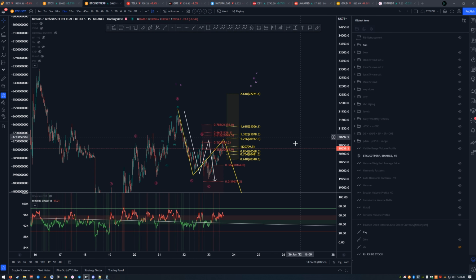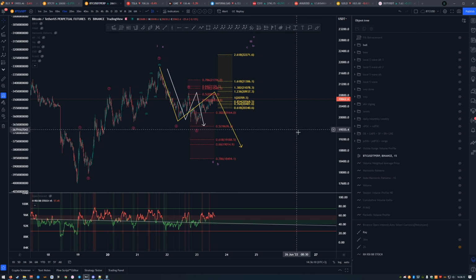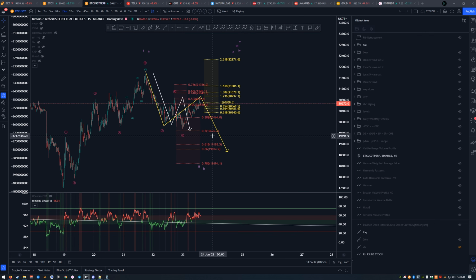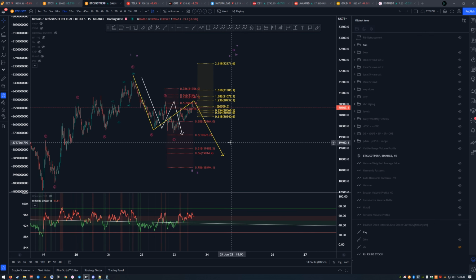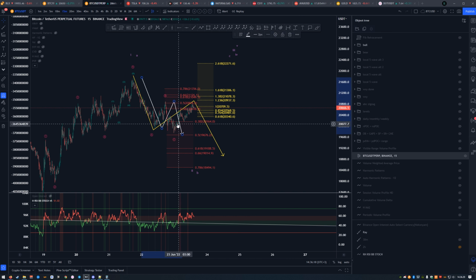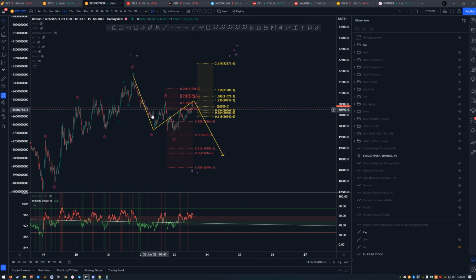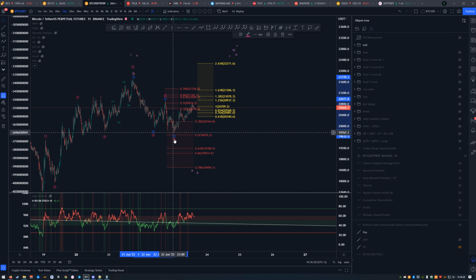Now before we get into that area though, I would feel like that we need to come down a bit. Now again, as explained on the bearish scenario in here, we could be making this substructure here. Now it is possible, I guess, to label this first structure here as an A wave, B wave and C wave.